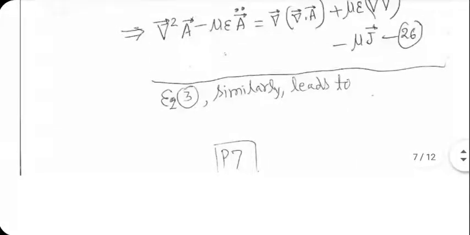Substituting all that, I get equation 27, which is not as complicated as equation 26, but still, it is something new. This equation, unfortunately, also involves both V and A. So 26 and 27, based on EM theory, should be solved to calculate A and V for a given pair of rho and J.